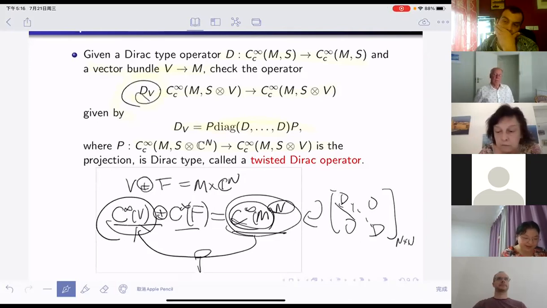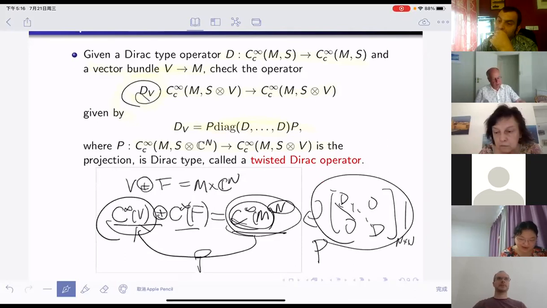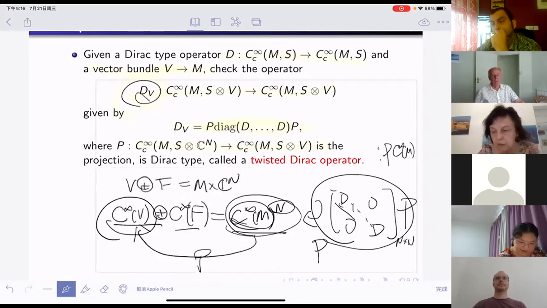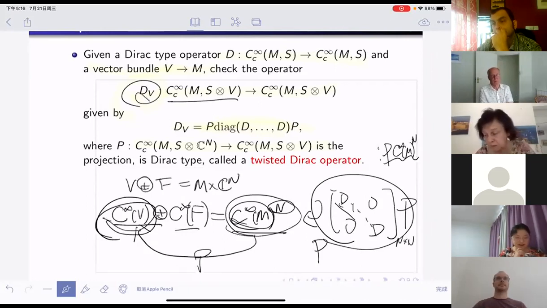To create this D_V, one just compresses this operator by P on both sides, and it becomes an operator on P C infinity(M)^n, but that is exactly C infinity(V).